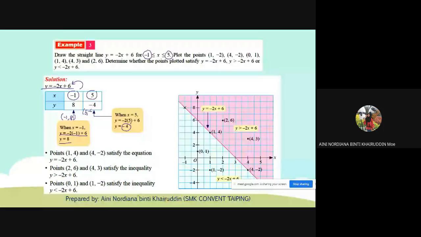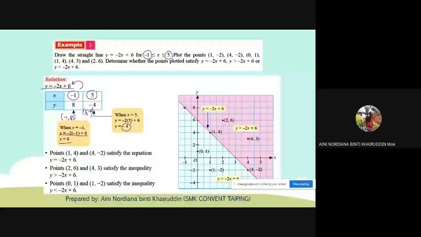Then you plot these 2 points onto a Cartesian plane. So this is point negative 1, 8 and this is point 5, negative 4.